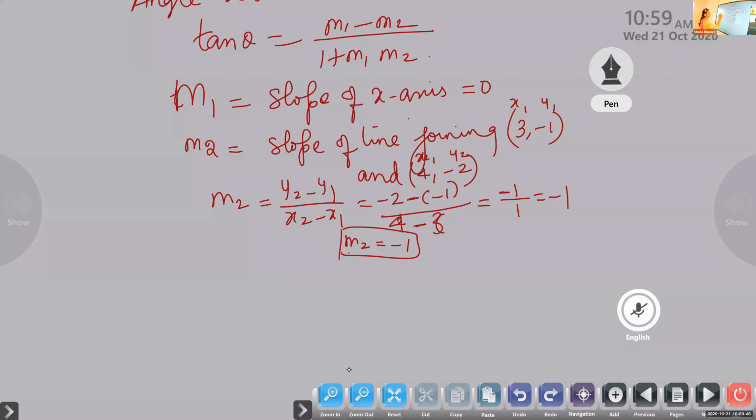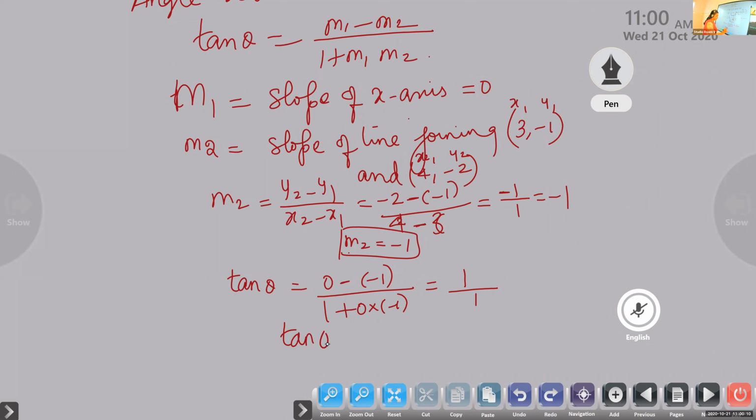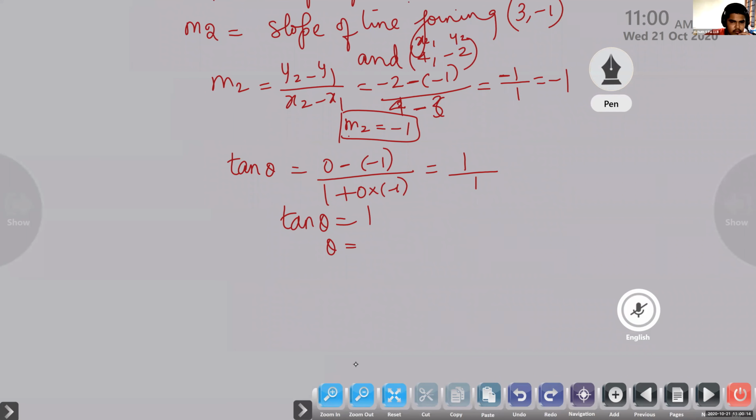Therefore, apply it in that formula. Tan theta is m1 minus m2 by 1 plus m1 m2. m1 is 0. So it is 0 minus of minus 1 by 1 plus 0 into minus 1. So you will get tan theta is 1 by 1. So tan theta is 1. Therefore, theta is 45.